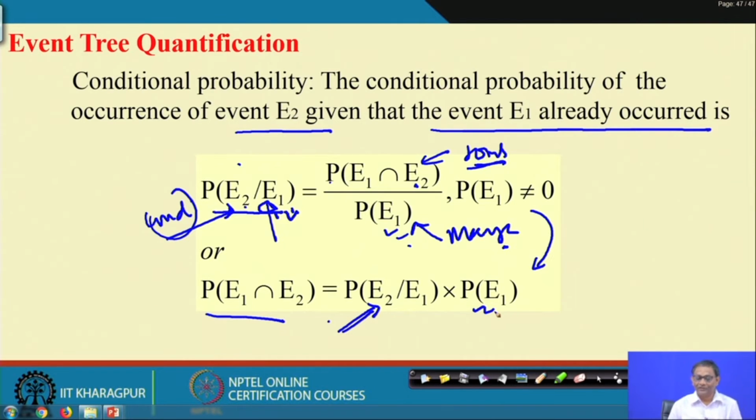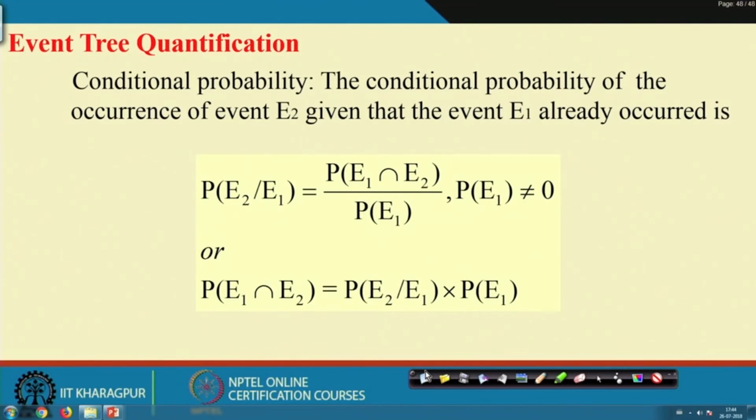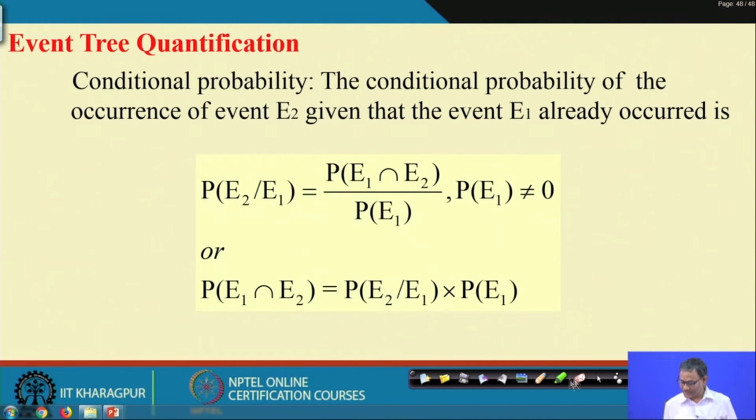It depends on the amount of rain. If it is a small drizzle, then you may not use it. So, that means the use of an umbrella depends on the rain. Okay. Many similar examples you can create, with reference to your system, with reference to safety studies.